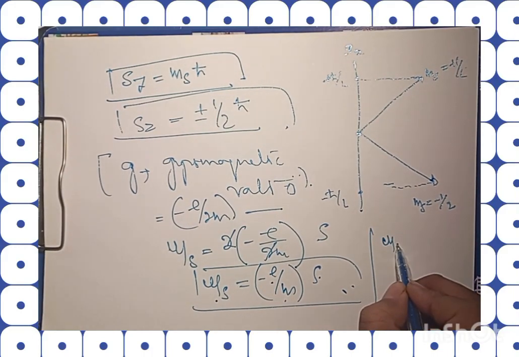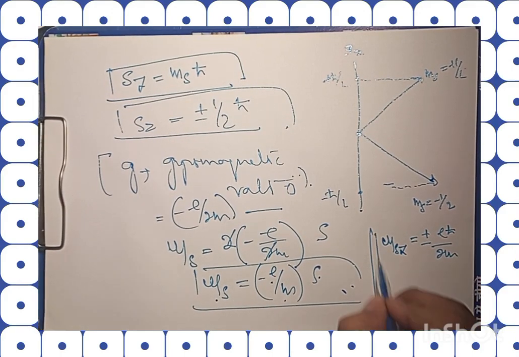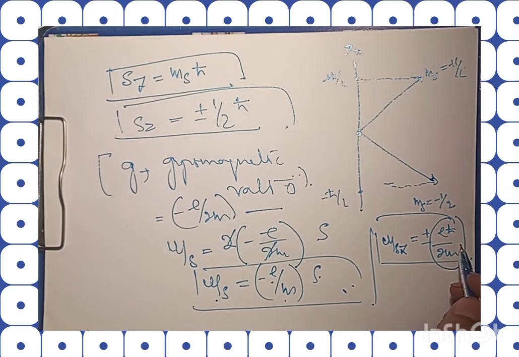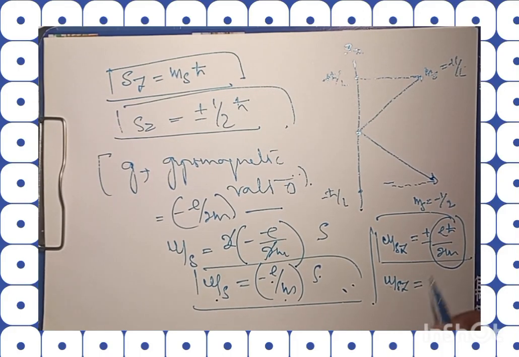So mu sz is plus minus e h cross by 2m. This whole thing is the Bohr magneton, and mu sz is plus minus mu B.